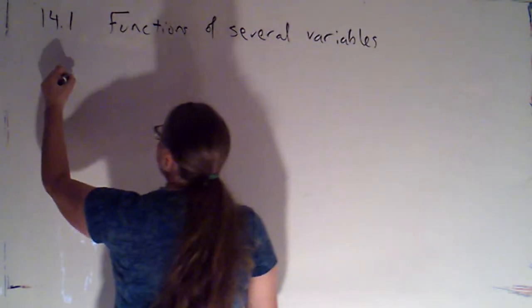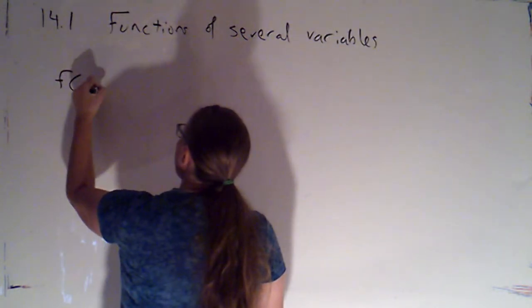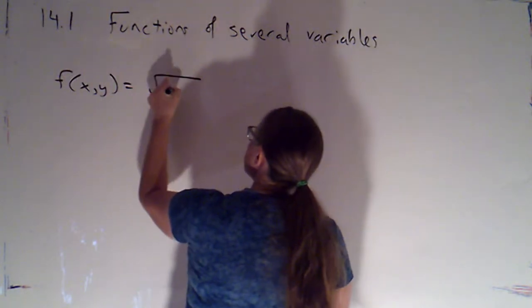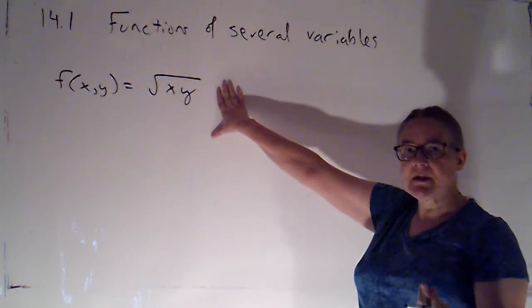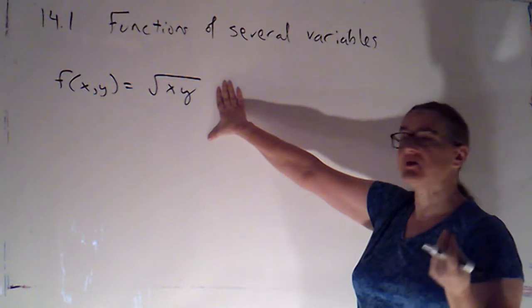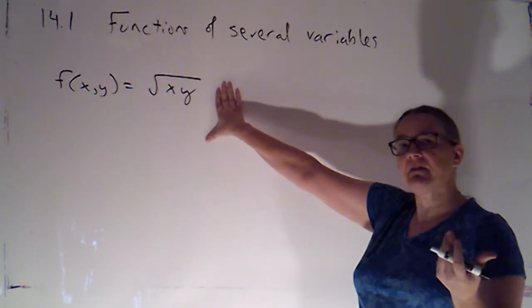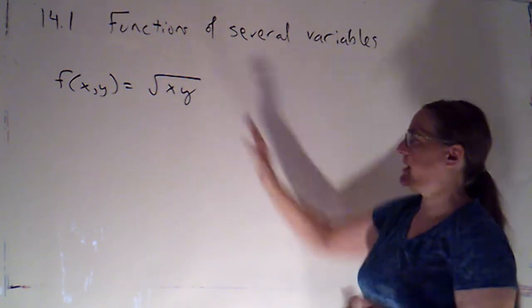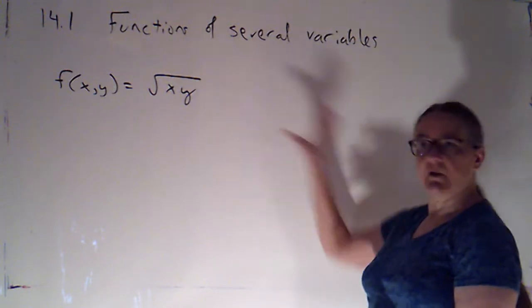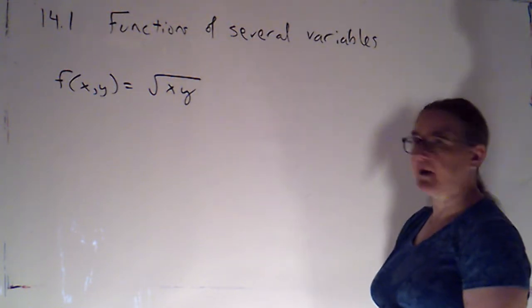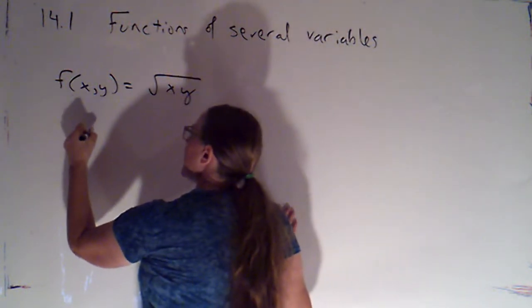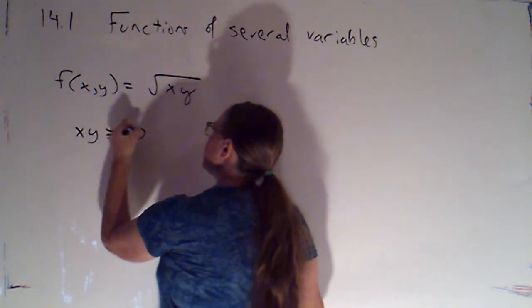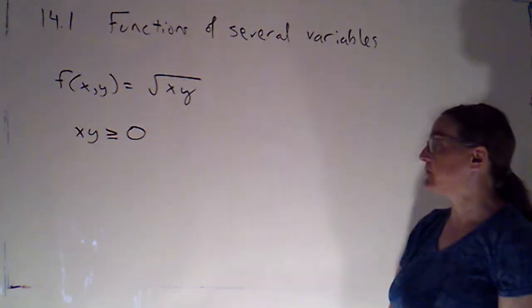So let's try a couple. Let's look at f of x, y equals the square root of xy. What I'd like to do is describe the domain algebraically using set builder notation, and then also sketch the domain. And then we'll take a look at some examples with 3 variables as well. So here, in order to be able to take the square root, I know that x times y has to be bigger than or equal to 0.